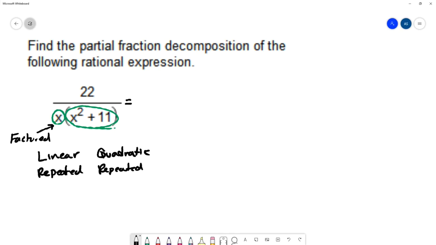Now, the 2 factors that we have: a factor of x, and this is x to the first power, making it a linear factor. And then we have x squared plus 11, and this is a quadratic factor.